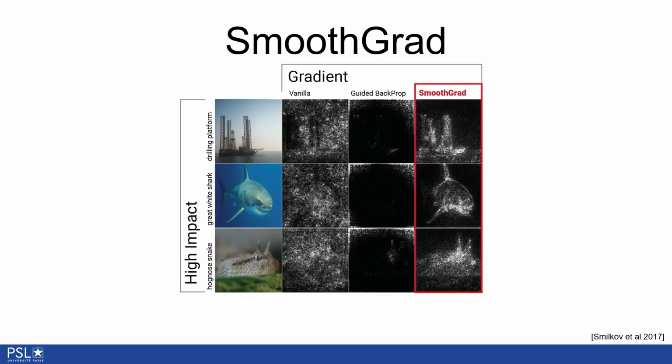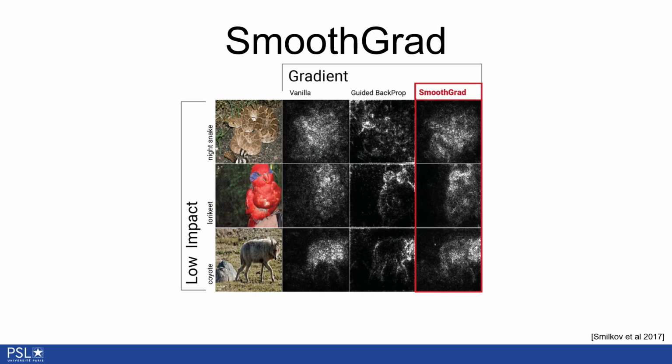The effectiveness of SmoothGrad also depends on the actual image given to the network. This figure illustrates a couple of examples for which SmoothGrad produced much better saliency maps than either vanilla gradient or guided backprop. However, the impact of SmoothGrad was much less clear for other example images, as illustrated here.